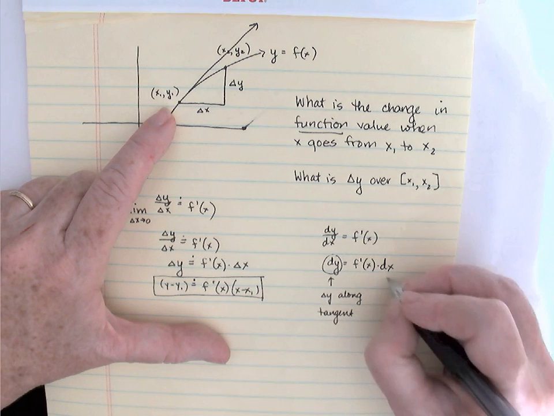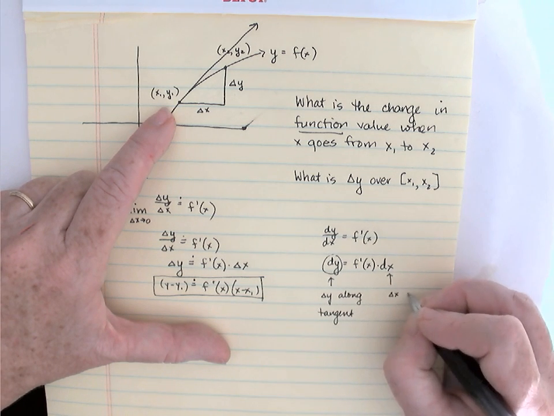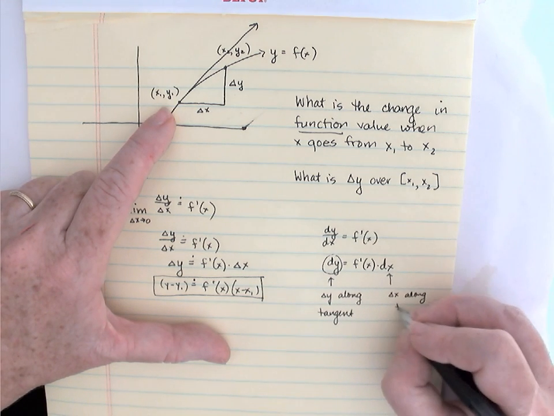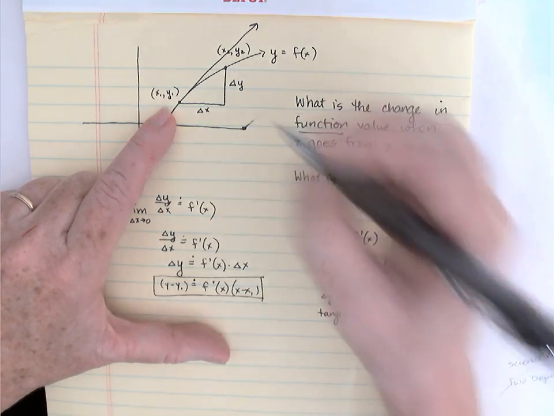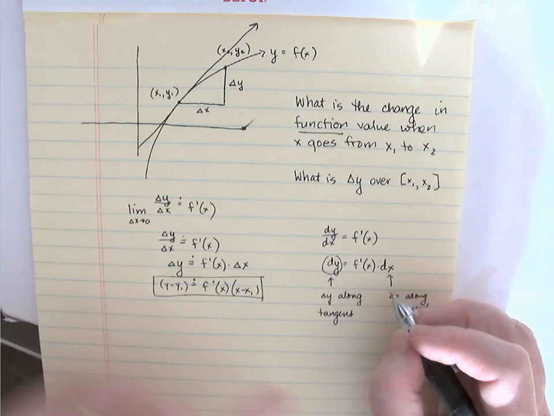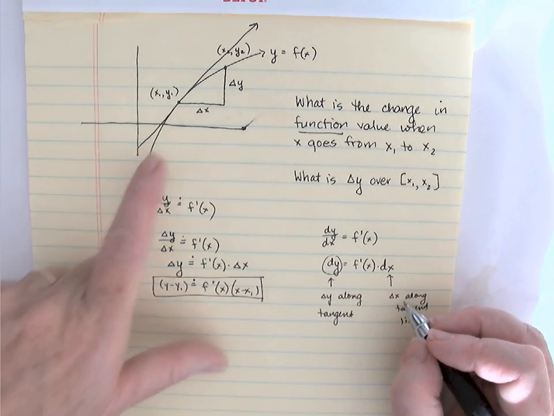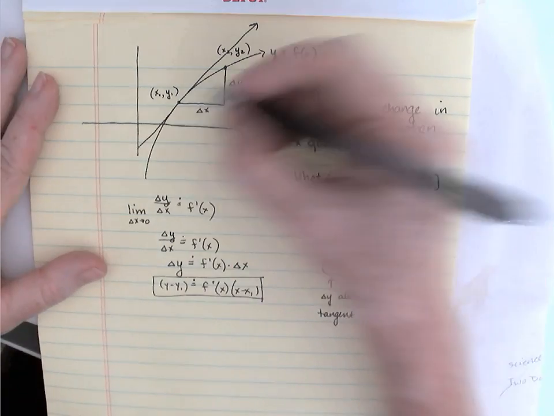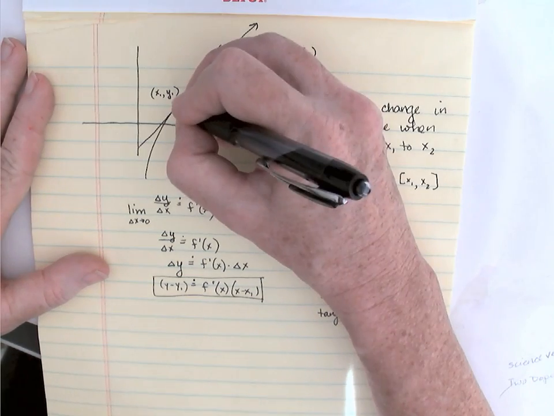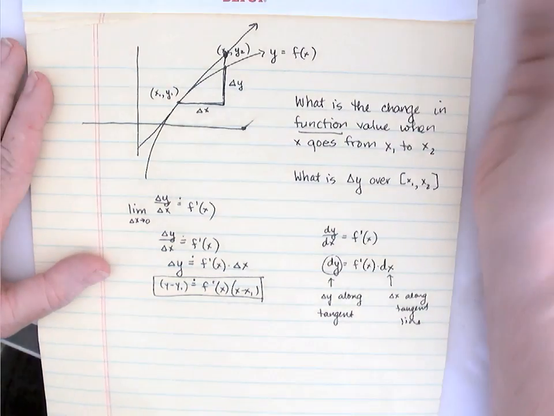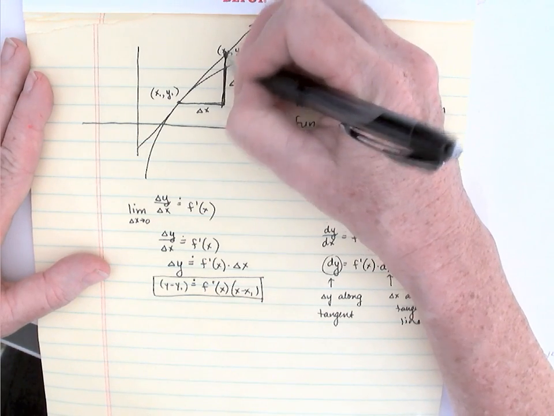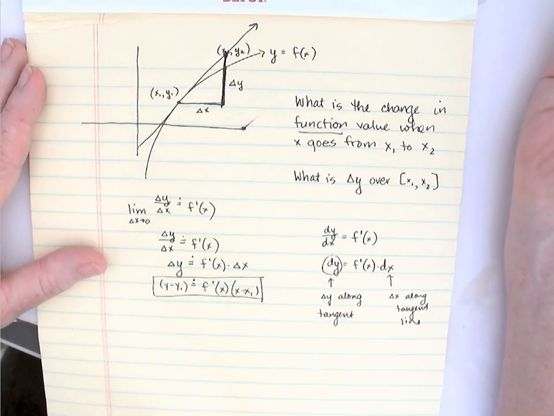And dx is my change in x along the tangent line. So when I talk about dy here, I would say as x goes from x sub 1 to x sub 2 along the tangent line, notice my climb in y along the tangent line in this situation happens to be bigger. So this ends up being my dy.